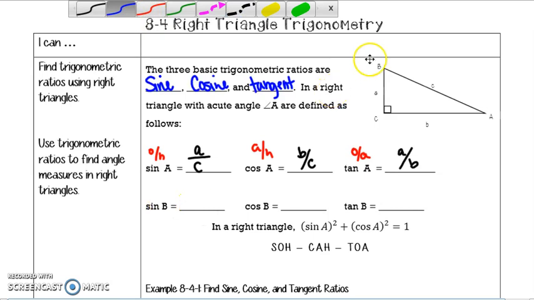This one is angle B. Sine from B is opposite over hypotenuse, b over c. Cosine, CAH, adjacent over hypotenuse, so next to over the hypotenuse, a over c. And lastly, tangent, TOA, opposite, so b, over adjacent, a.